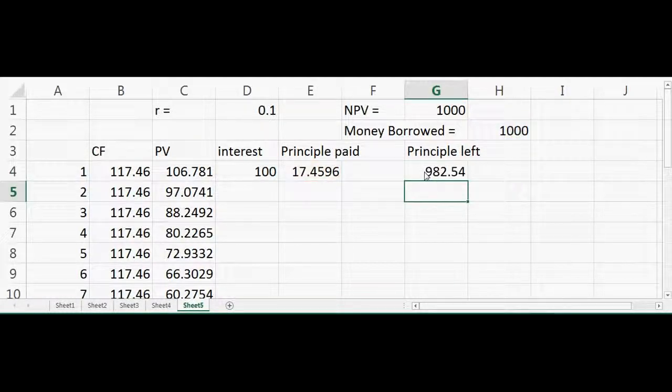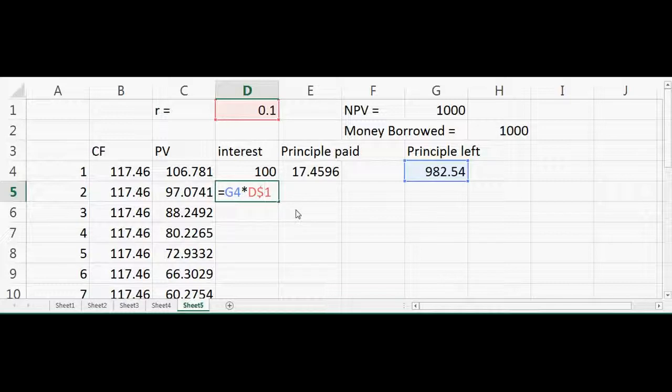So next year what will happen? I'm again paying the interest, but this time the interest will be on the principal left, right? So I'll say principal left times the interest rate, and for the interest rate I'll put a dollar sign so that when I drag this cell down then it does not change.